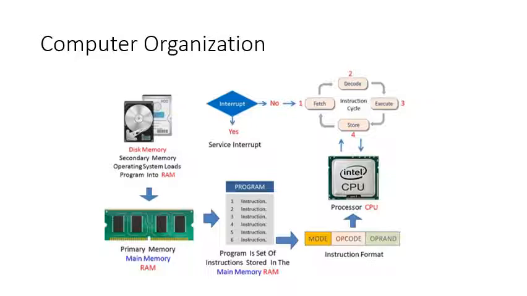The computer organization is based on the computer architecture. The computer organization implements the system architecture. In simple words, the computer organization is all about organizing various system hardware components and how these components are interconnected.